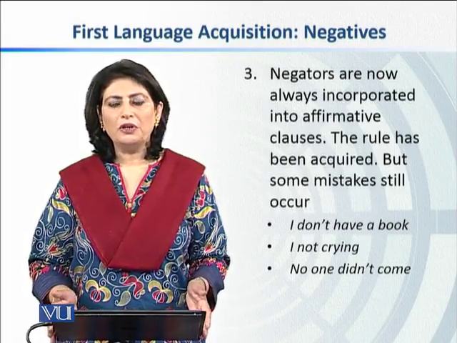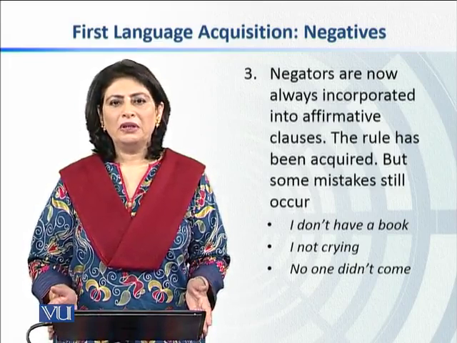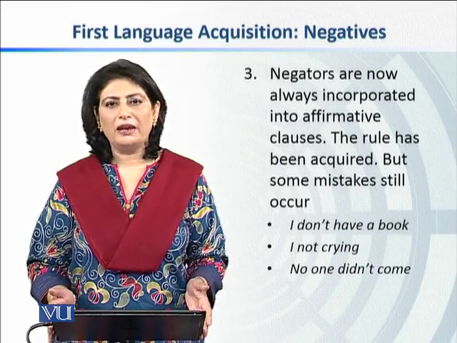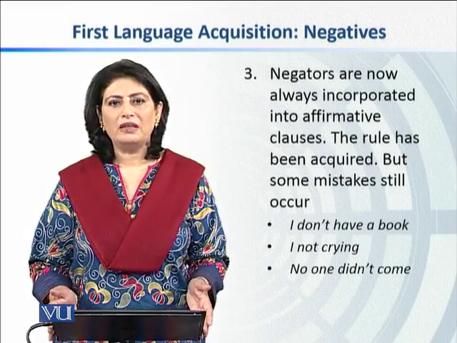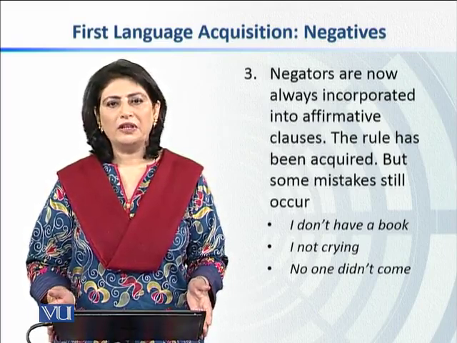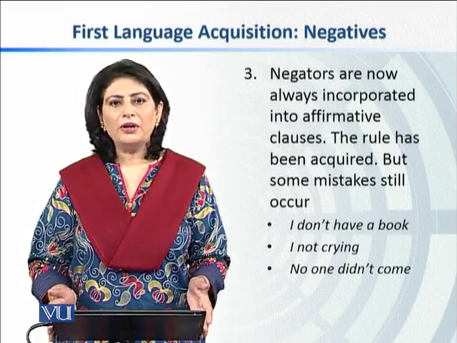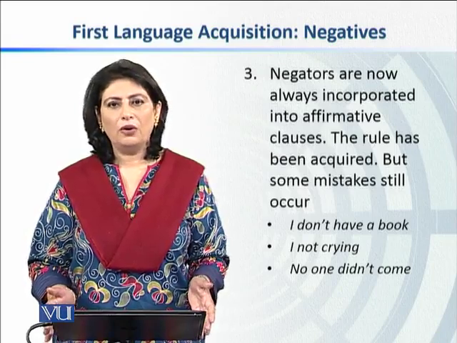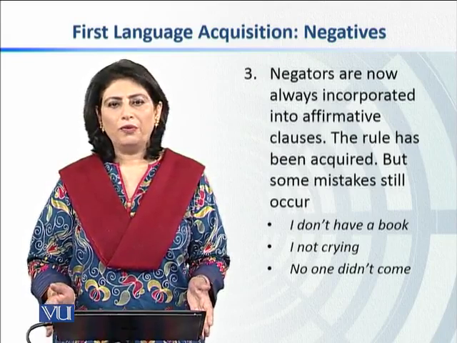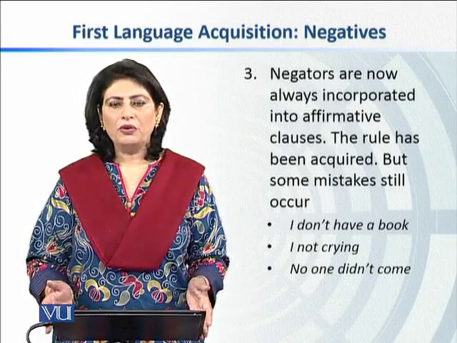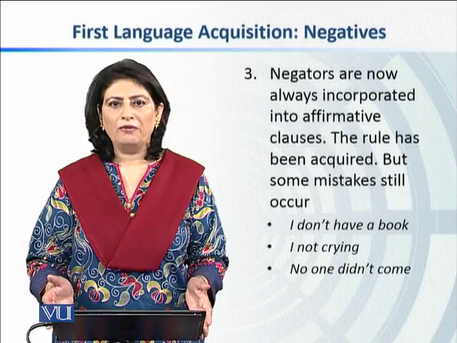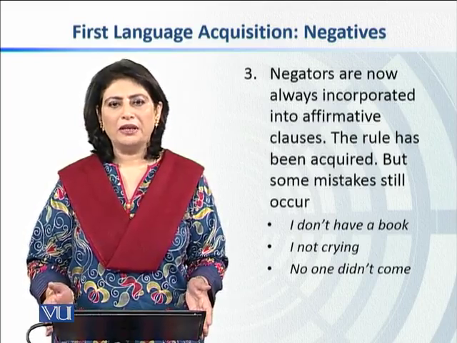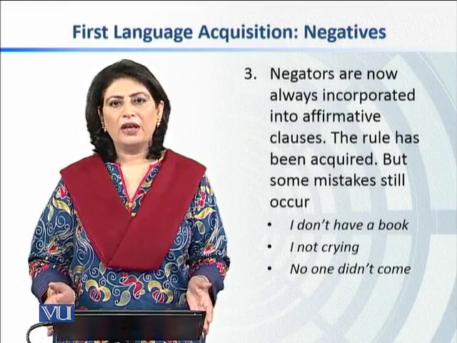So we said here that language learning, especially of the first language of children, follows the same pattern and the same stages across the world, cross-linguistically, that means in all languages. And as an example, we looked at negators or negative sentences or utterances.